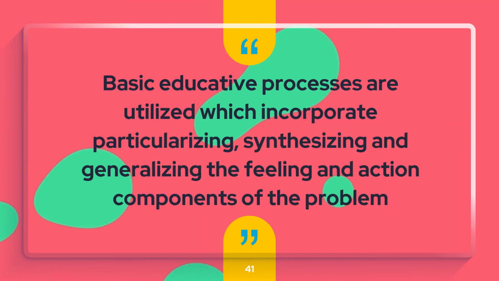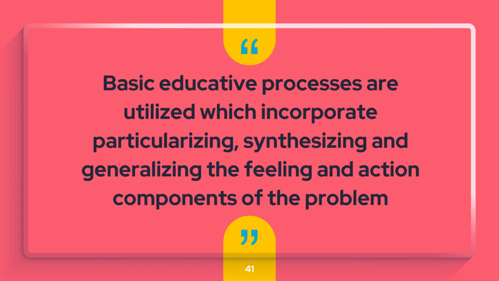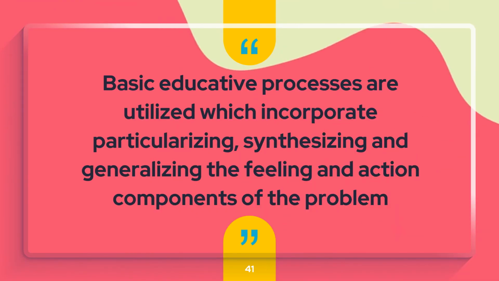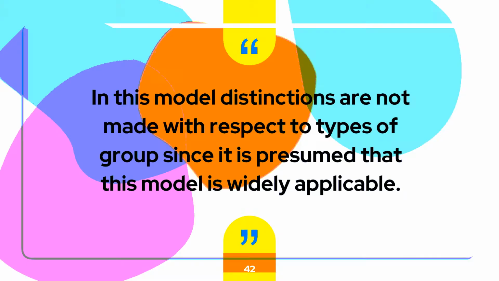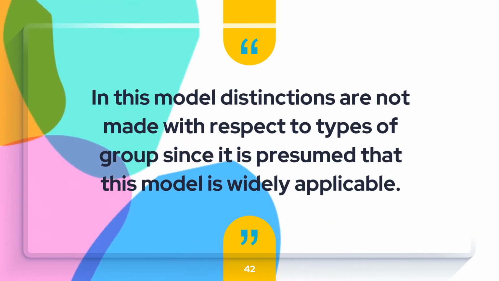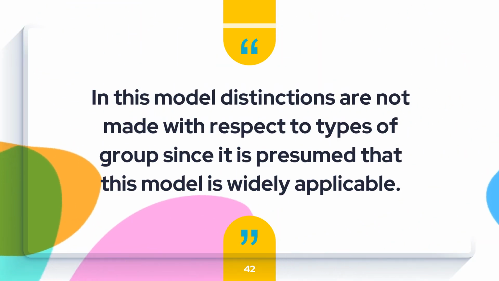Number 8, basic educative processes are utilized which incorporate particularizing, synthesizing and generalizing the feeling and action components of the problem. And number 9, in this model distinctions are not made with respect to types of group since it is presumed that this model is widely applicable.